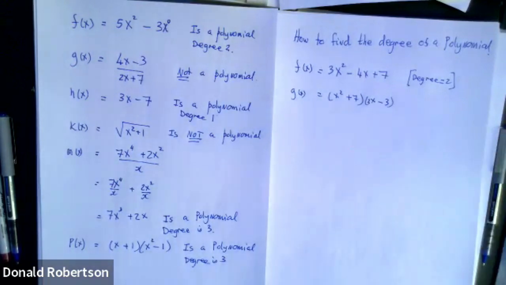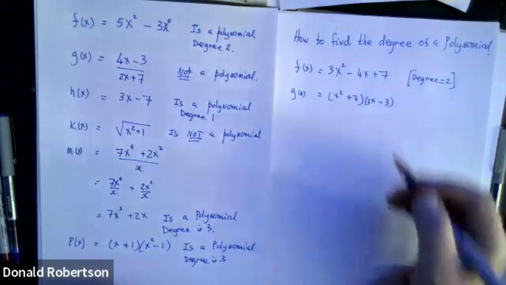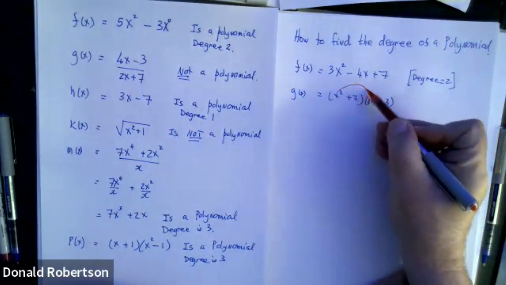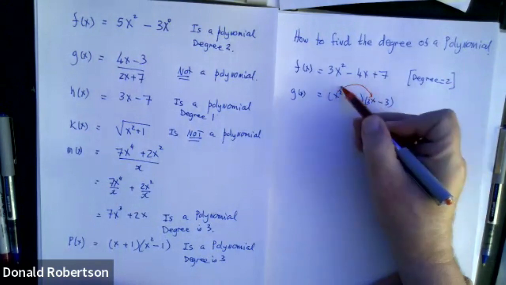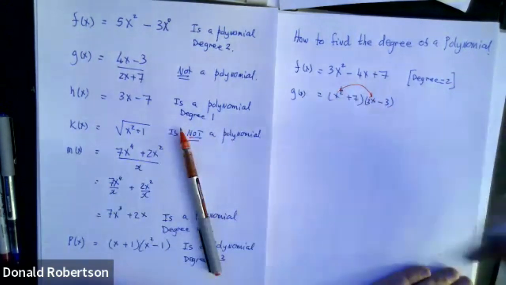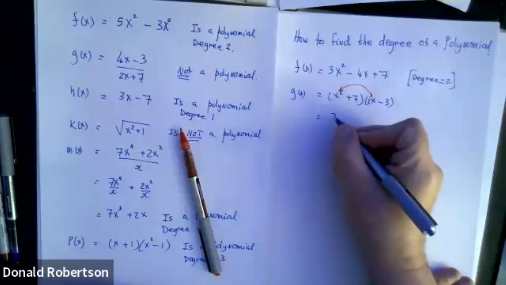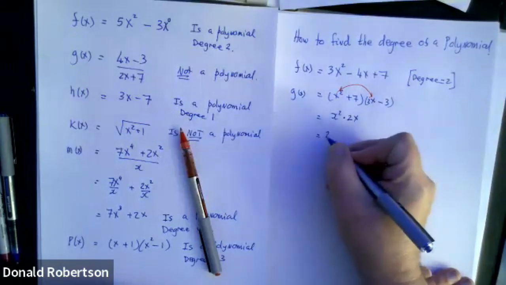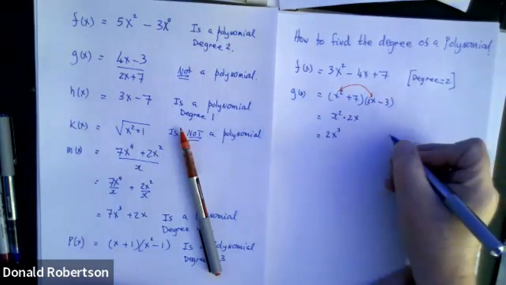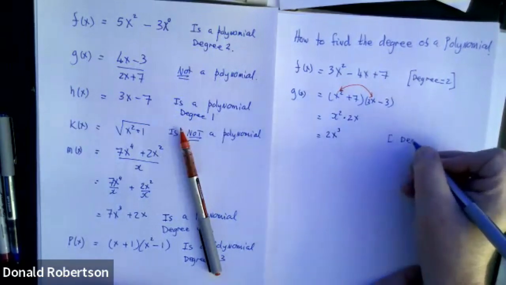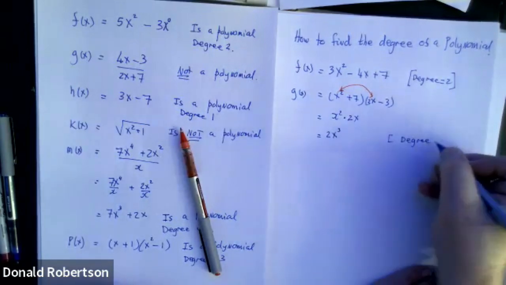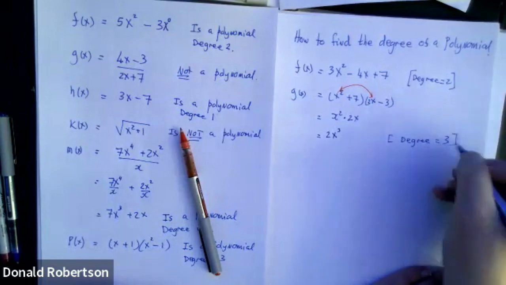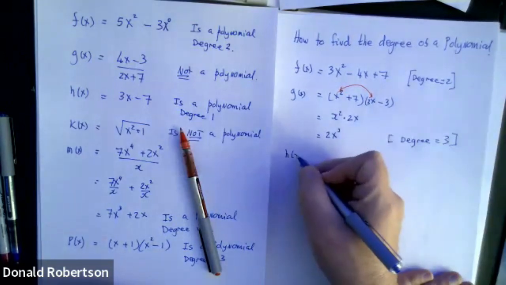Since it's only going to be the largest power of x that matters, I recognize that this times this is essentially going to be x squared times 2x. That's essentially going to be the biggest power of x. So I can now look at this and see that its degree is in fact 3.